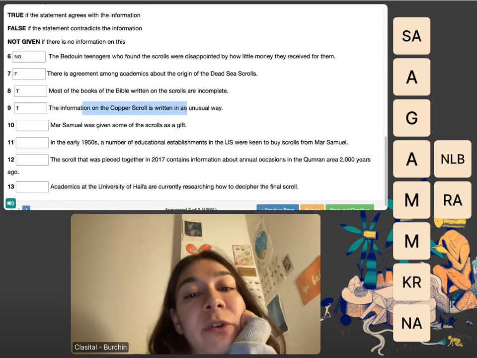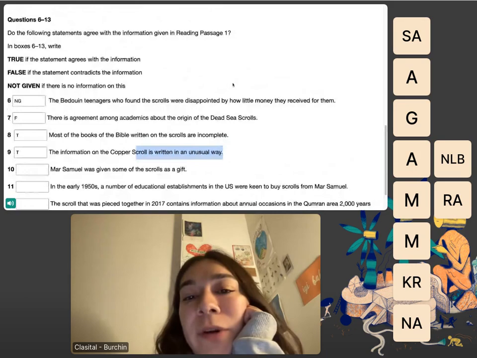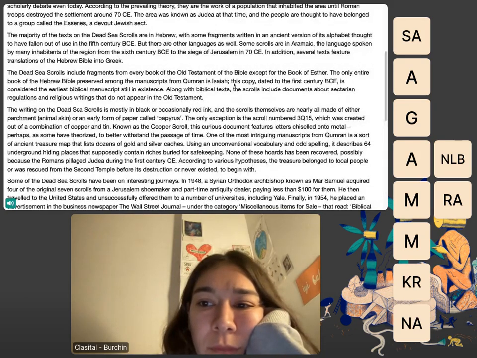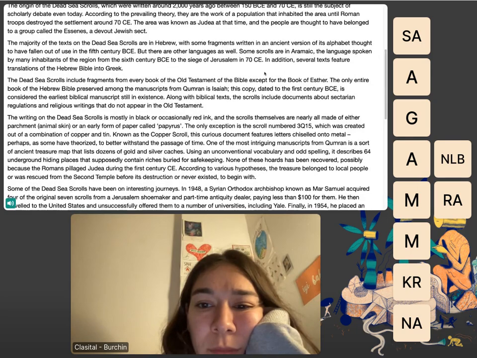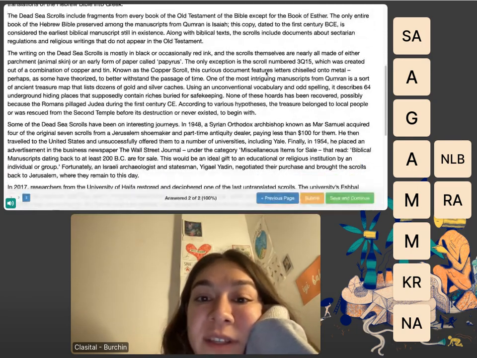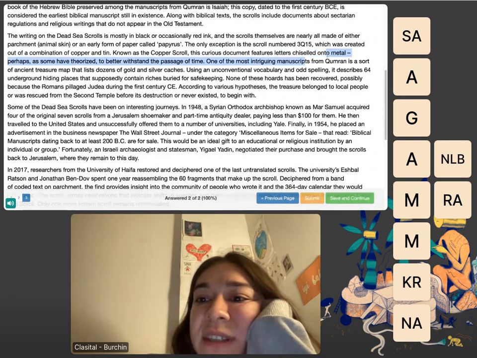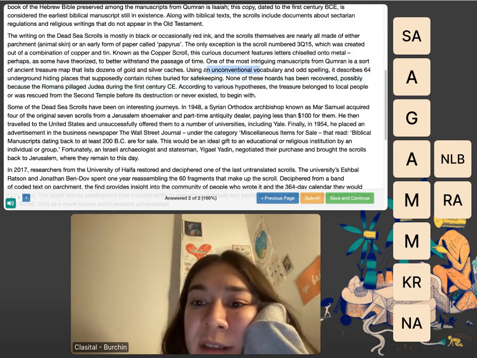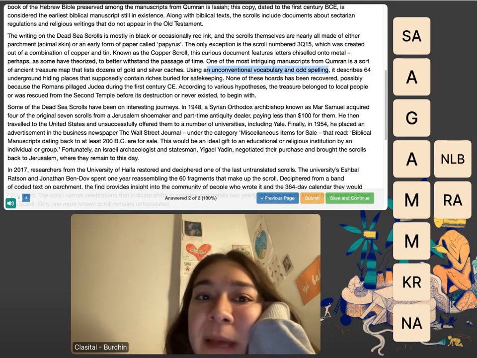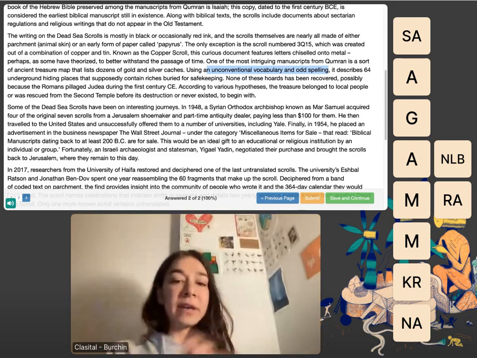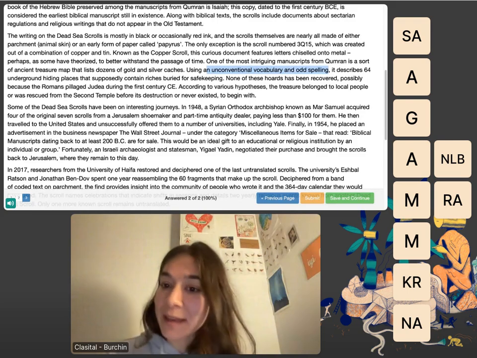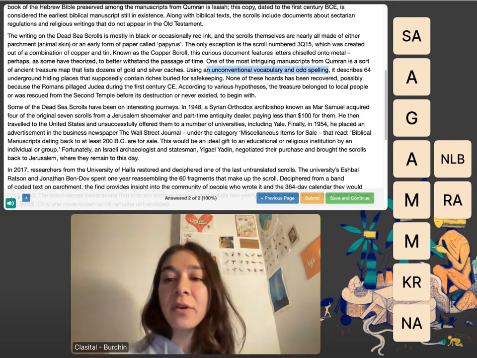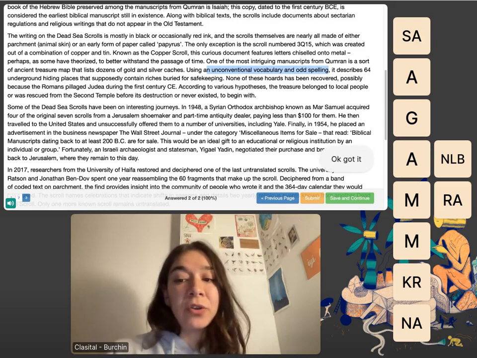The information on the copper scroll is written in an unusual way. This curious document features letters chiseled into metal, perhaps as some have theorized, to better withstand the passage of time. Using an unconventional vocabulary and odd spelling refers to an unusual way.